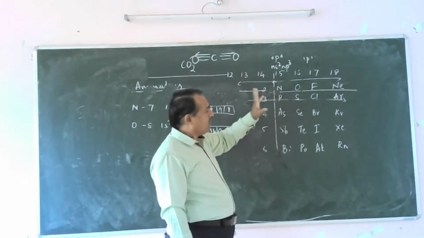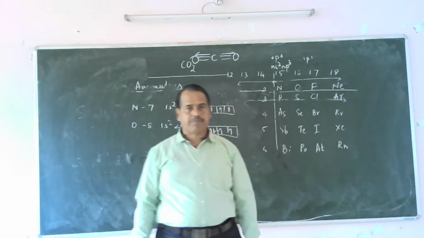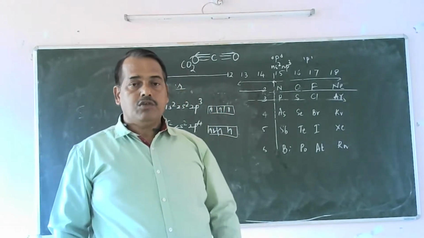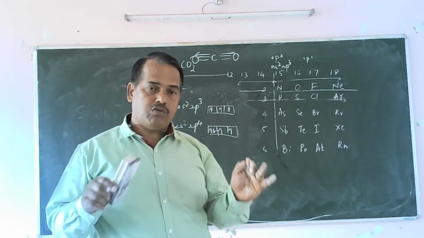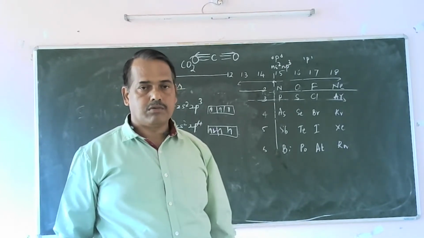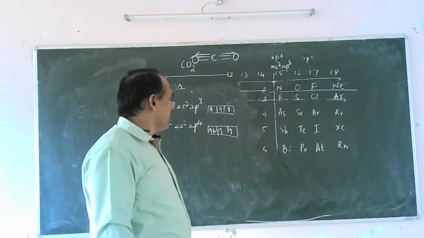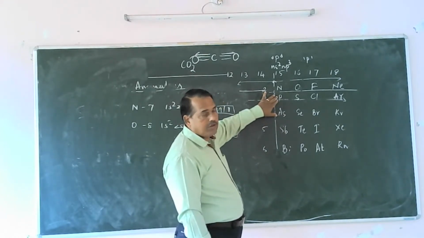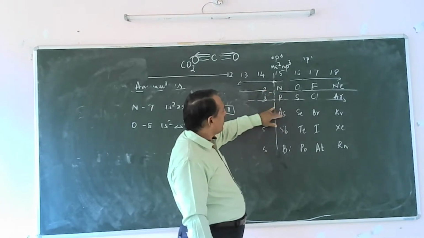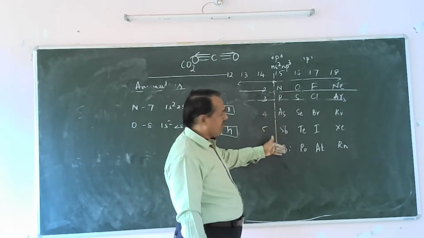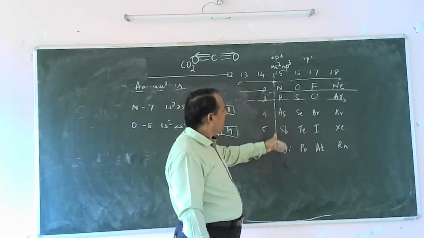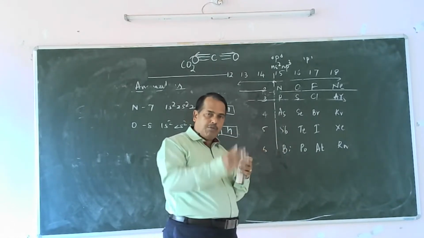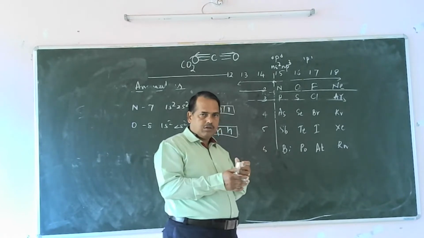Then electron gain enthalpy. See, the electron gain enthalpy of nitrogen is more. The electron gain enthalpy of phosphorus is still more. Again, electron gain enthalpy goes on decreasing. See, there is a large amount of repulsion. Why? The electrons are in the same orbital.